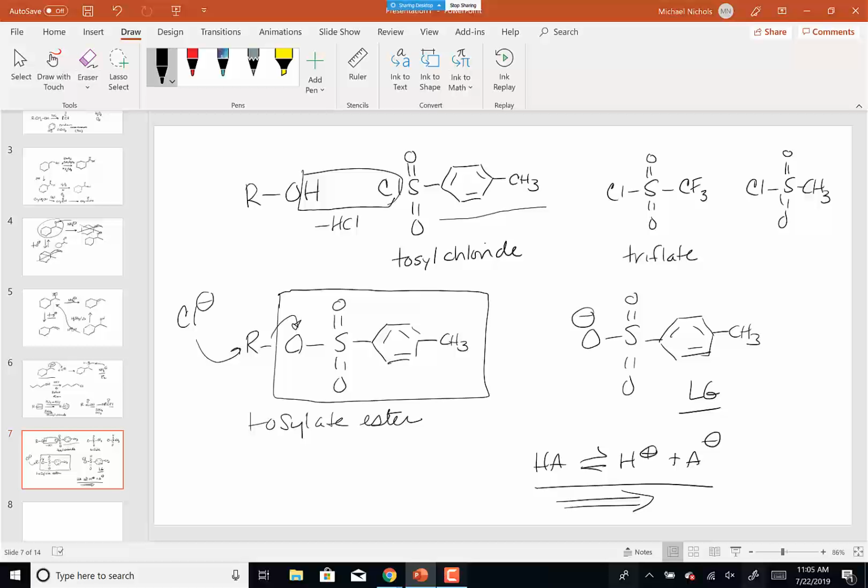Because if I add more HA, I'm going to get the same percentage of H plus and A minus. So what do I do to push this equilibrium to the right? I make the conjugate base more stable: the more stable I can make the conjugate base, the more the equilibrium will push to the right.